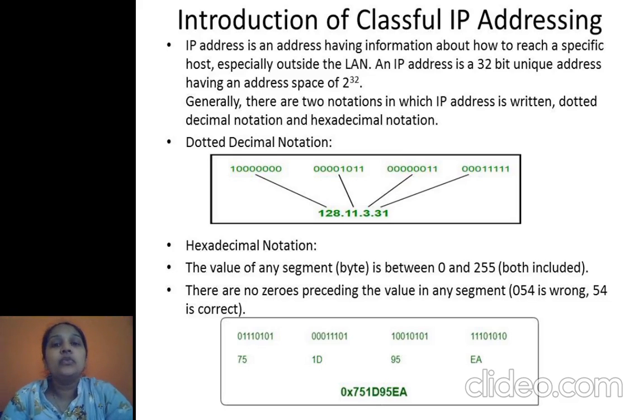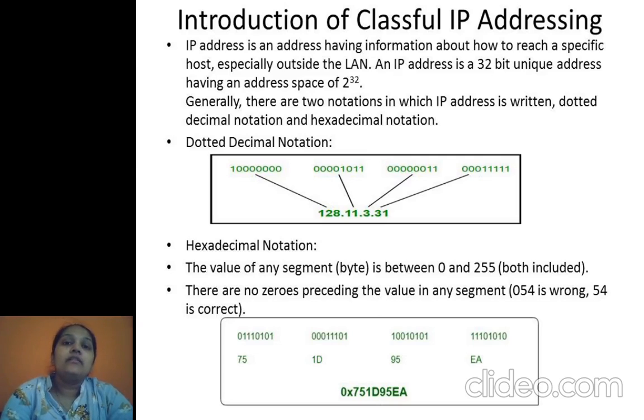Generally two notations are used for IP addresses. First is dotted decimal notation, and second is hexadecimal notation. In the dotted decimal notation, the binary address space is converted into decimal notation.